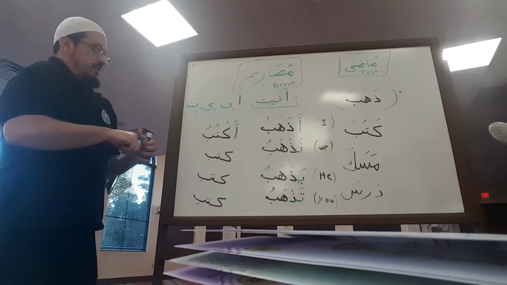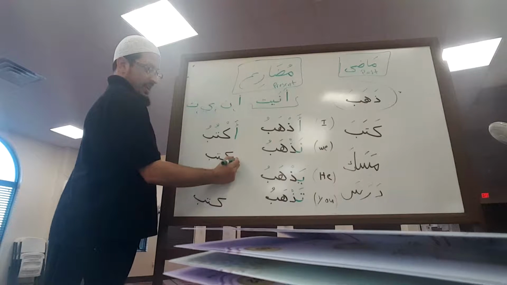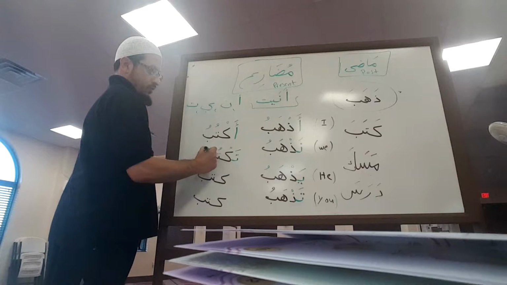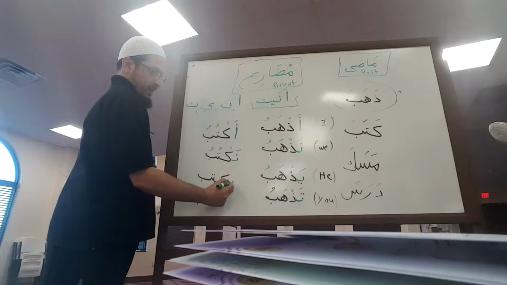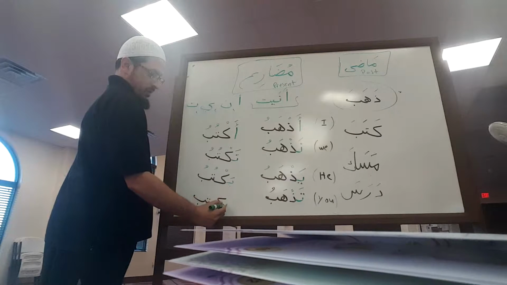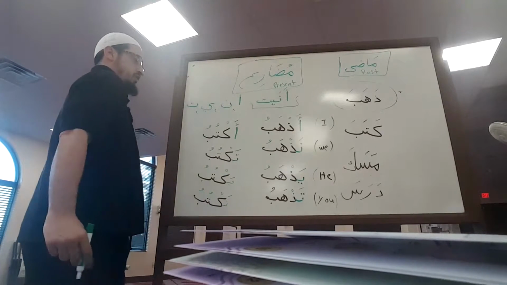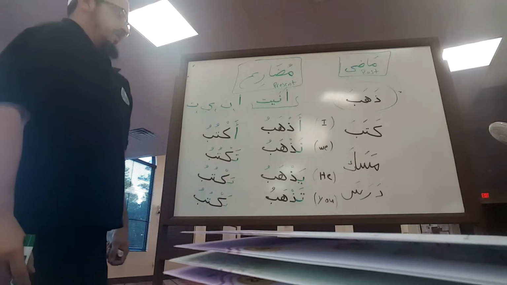So now here, ak, then here, naktubu, yaktubu, anta taktubu. The second one, the we, it's a noon.